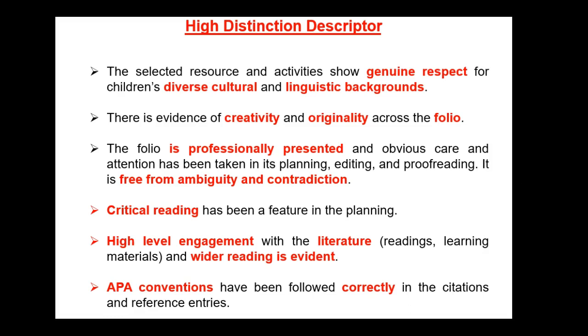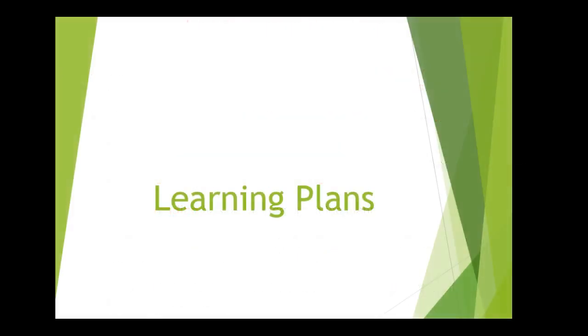We're really looking in particular at the way that you are presenting your folio. Is it creative? Is it original? It's professionally presented. You've used critical reading, and you've got a high engagement with literature. That's really important, and of course our APA conventions.